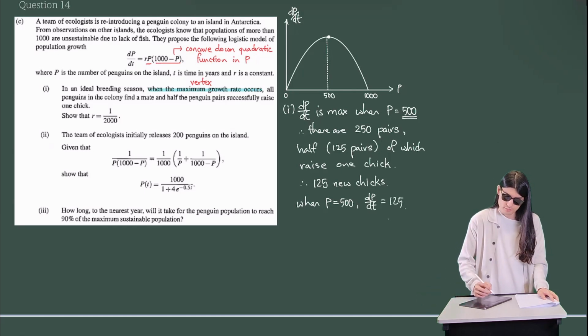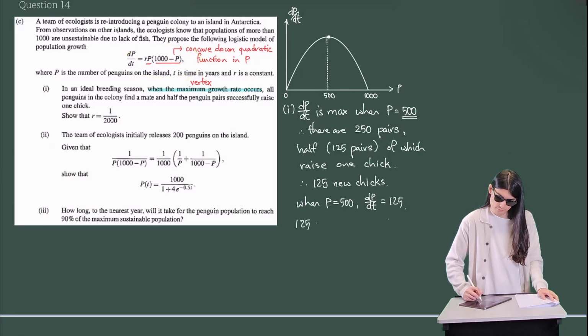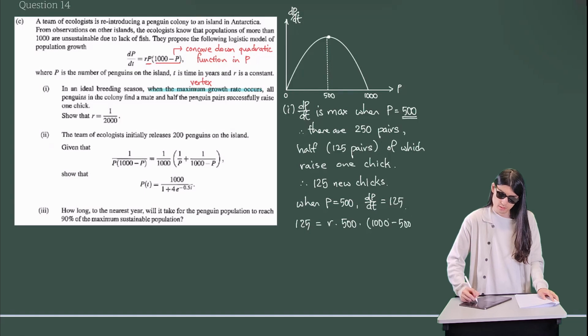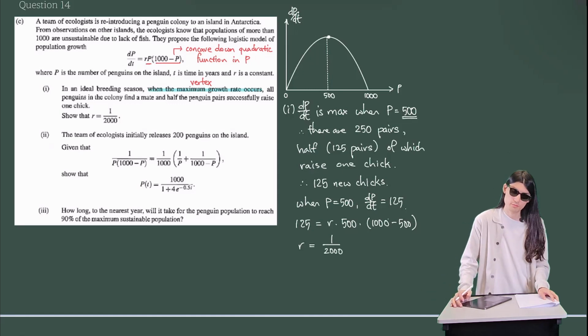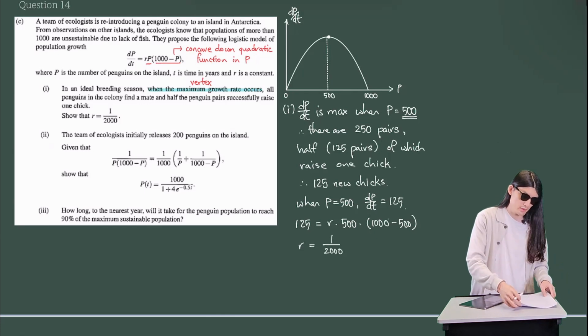And that goes into the logistic equation over here. So 125 is R times 500 times (1000 minus 500). And if you rearrange that, you can find that R is equal to 1/2000 as required by the question. Okay? Yeah, and that's how that question could be done.